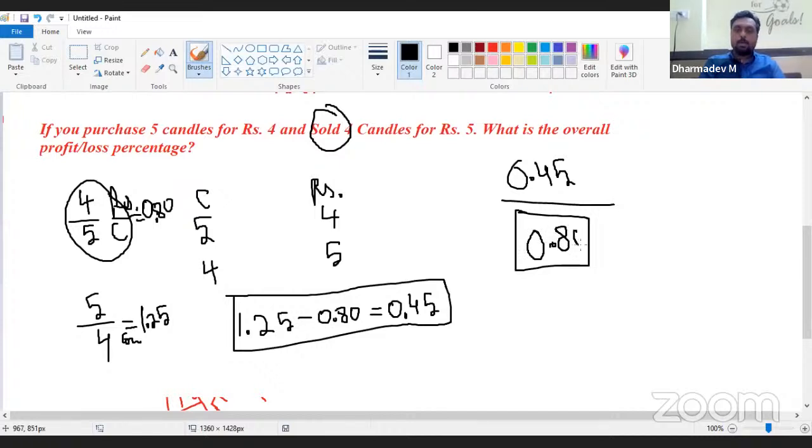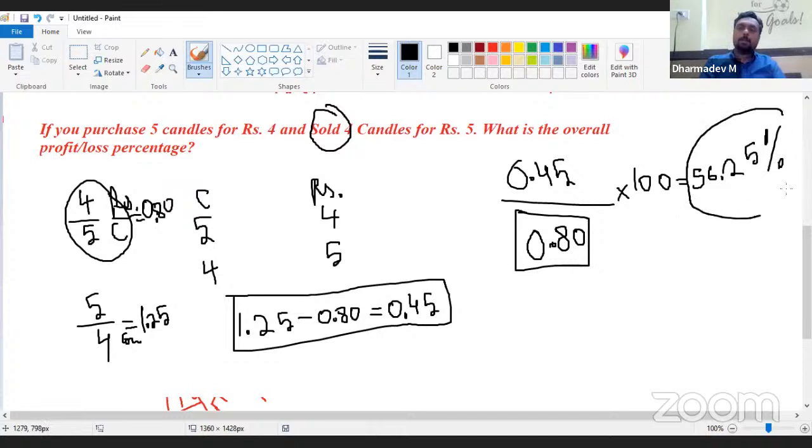So that is 0.80 times 100. I'm multiplying by 100 because I want the value out of 100, since I have to find it in percentage. So I'll be getting 56.25 percentage. That means I'm making a profit on each candle of 56.25 percentage. My overall profit will be 56.25. Are you clear with that?